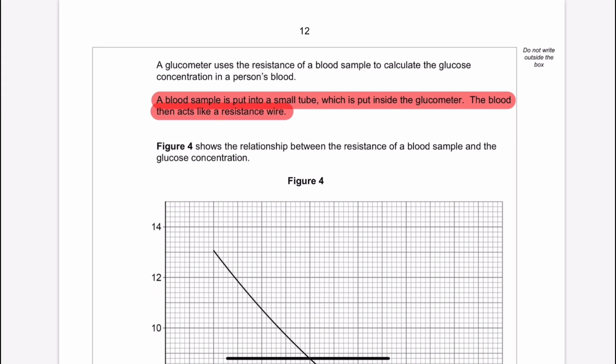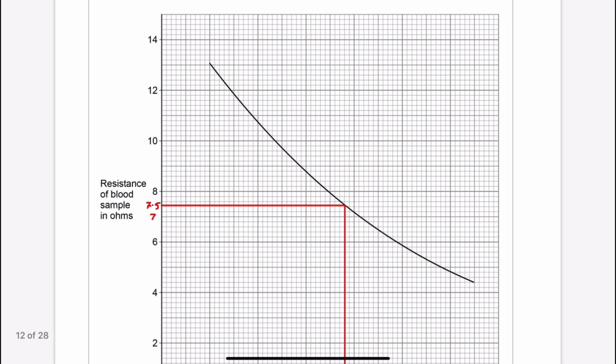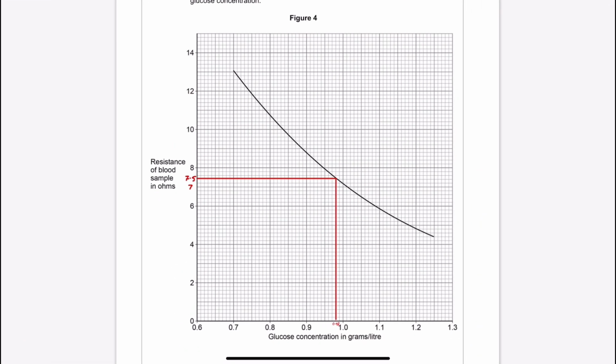Here in figure number 4, the resistance is along the y-axis and the glucose concentration in grams per liter is along the x-axis. We can see that if the glucose concentration is increasing, the resistance of the blood is decreasing.